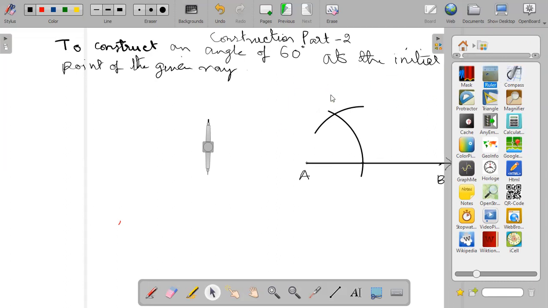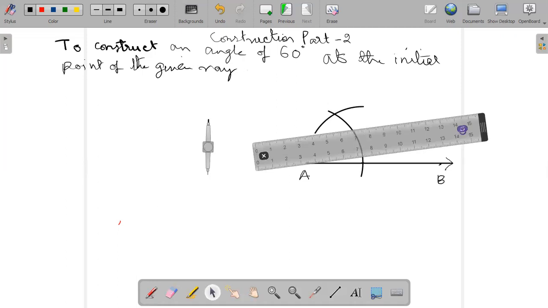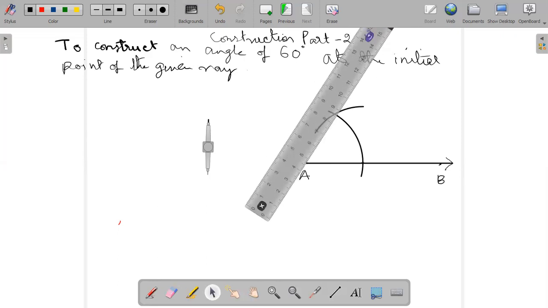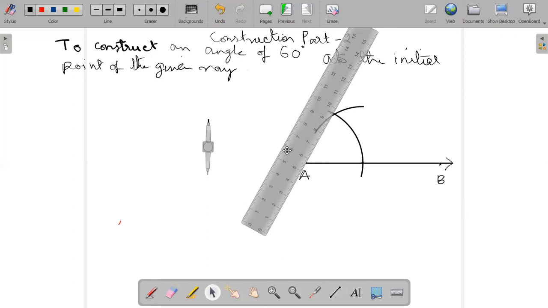Now you can take the ruler and join these two points. Draw the line.